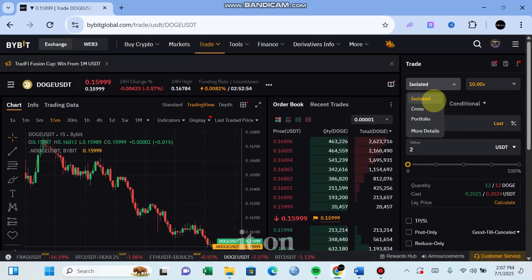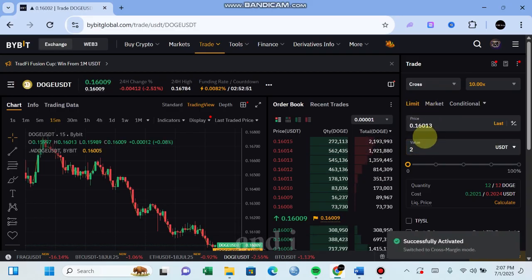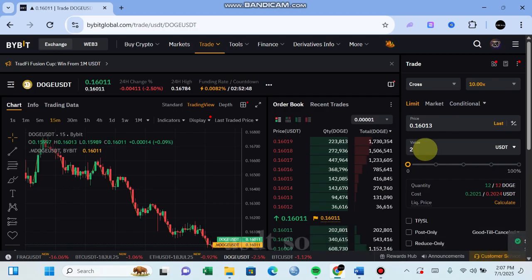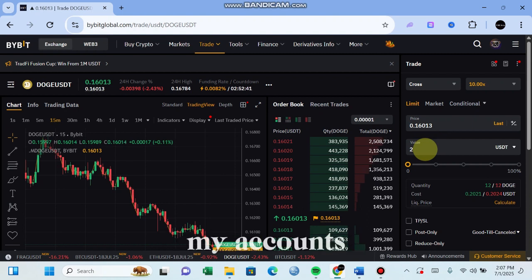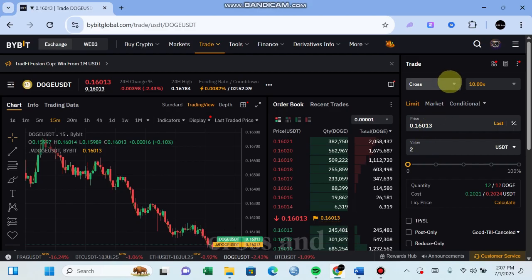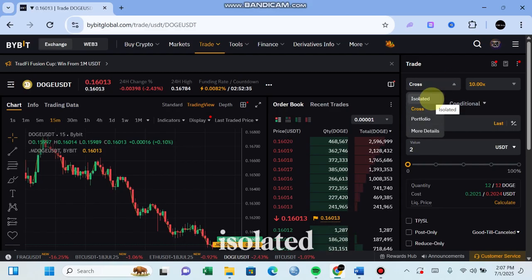But if I put it on cross, and I go into this particular market with 2 USDT, if it hits my liquidation price, I'm going to lose all the money in my account. I will lose all my USDT. So this is the difference between cross and isolated.